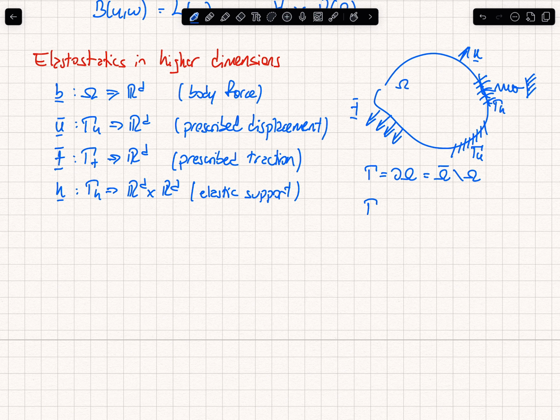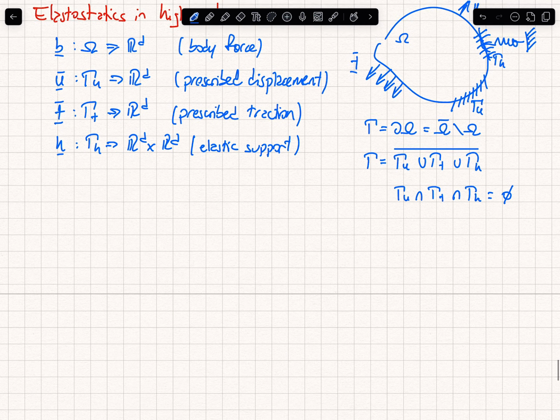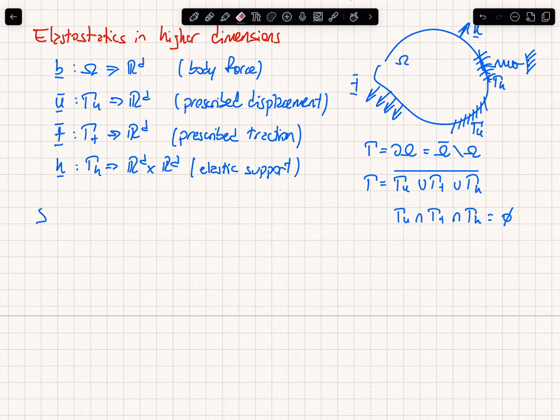And we also have to say that, of course, that is going to be equal to gamma u union gamma t union gamma h, the closure of that. And we also say that these regions are mutually exclusive, so this whole thing here is equal to the empty set.